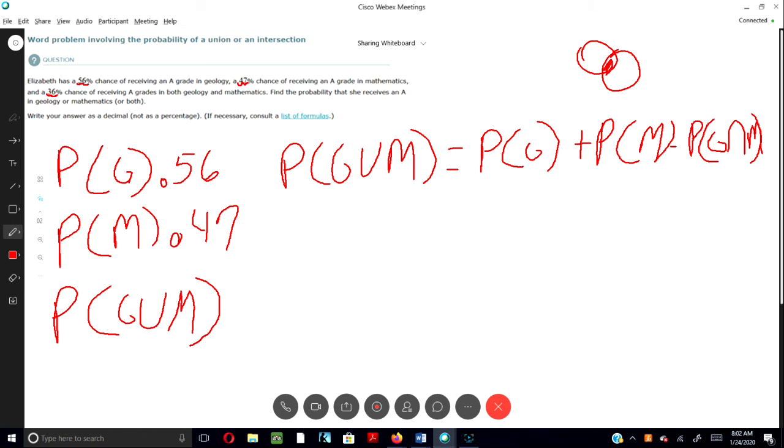That's where they intersect. That's where that intersection will lie. Okay? That's what I'm referring to.